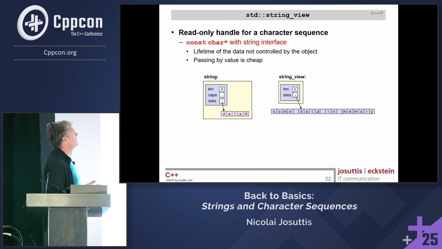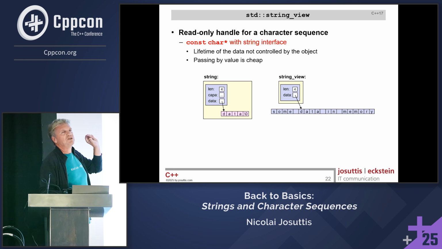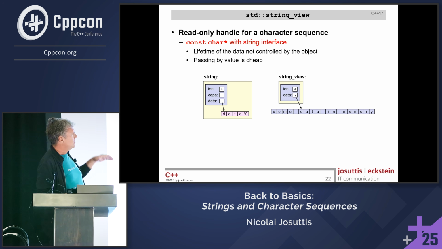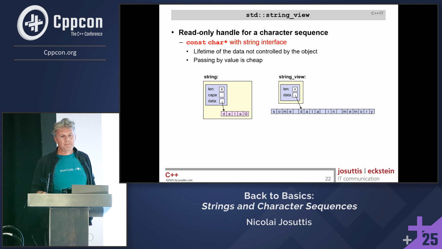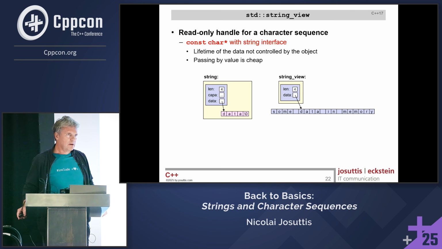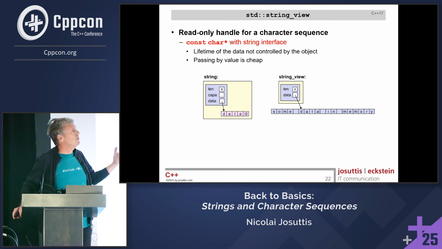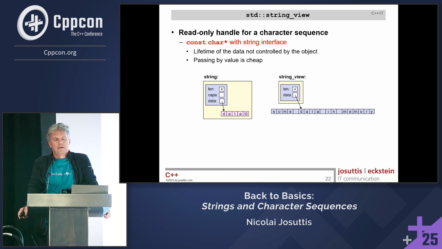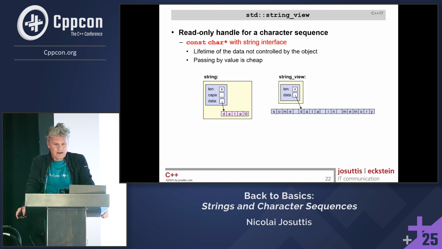The character sequence is somewhere else, which means it's a very cheap object, just a length and a data pointer. But it's a very dangerous object because it uses memory which has a different lifetime. And of course, it's a problem if you use the string view and then the underlying memory is used by something else. It's no longer there for what you thought it is allocated.